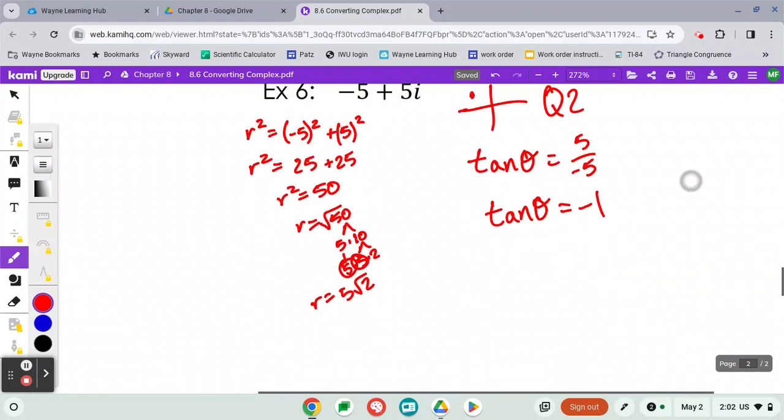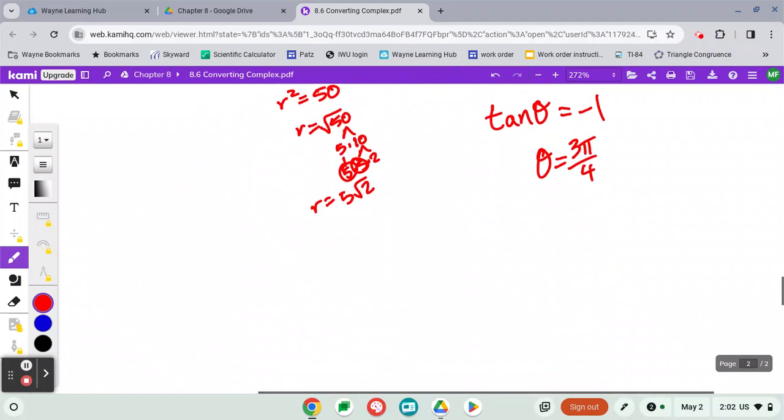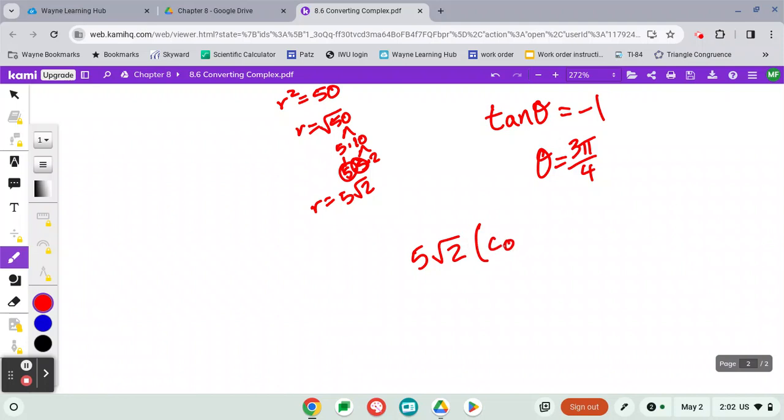We have to have the one in quadrant 2. So that occurs at 3 pi over 4. And so from here, we can write it out. So 5 square root of 2 cosine 3 pi over 4 plus I sine of 3 pi over 4.